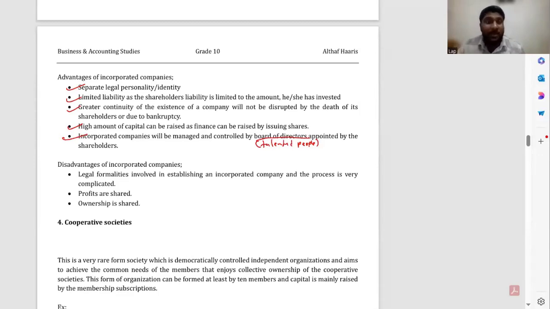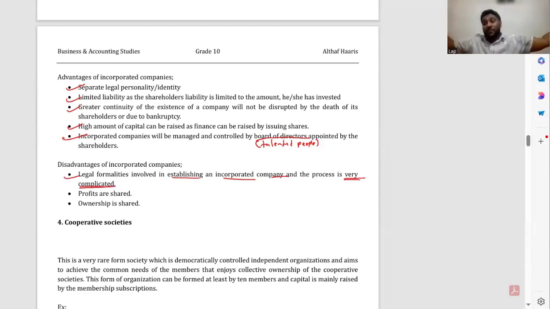Disadvantages, people. The biggest disadvantage is starting an incorporated business: extremely difficult, very complicated. The processes of establishing incorporated companies are very complicated. That is the biggest disadvantage. And the profits are not like a sole trader, where it is 100% profit to me.